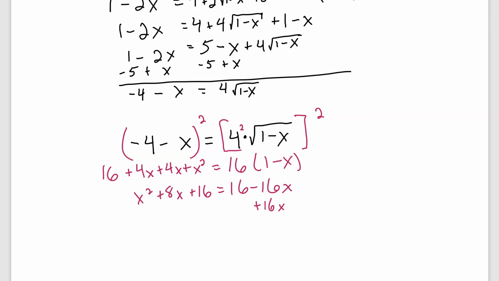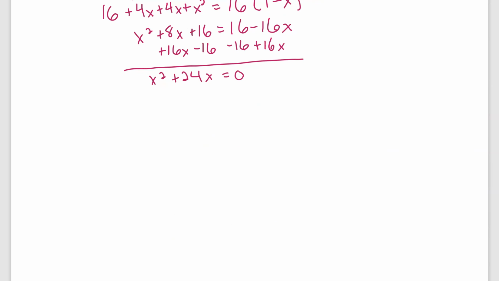I'll add 16x to both sides. And I will subtract 16 to move everything to one side. So I'll get x squared plus 24x is equal to 0. I'll factor out an x. So I'll get x times x plus 24.